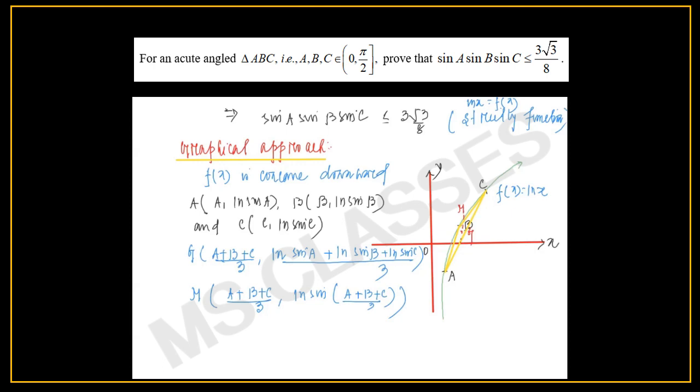So we can say that ln sin((A+B+C)/3) is greater than or equal to (ln sin A + ln sin B + ln sin C)/3.